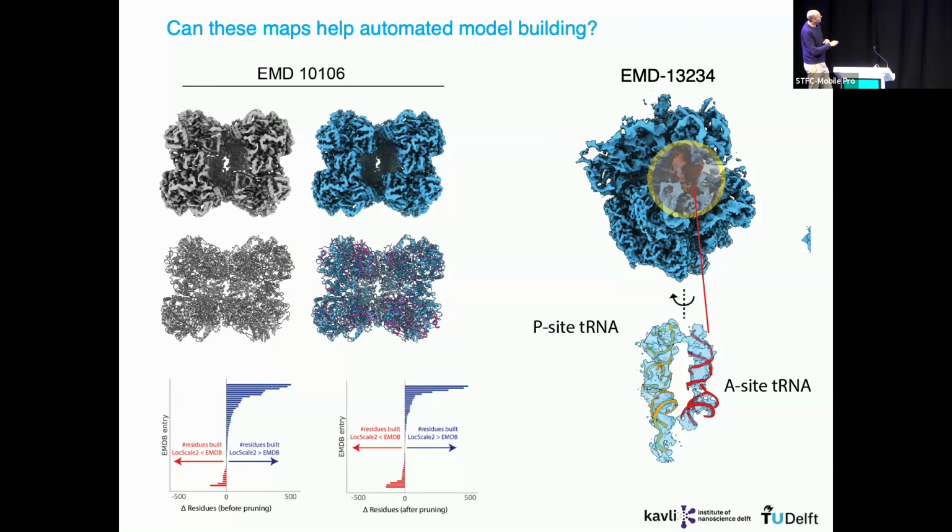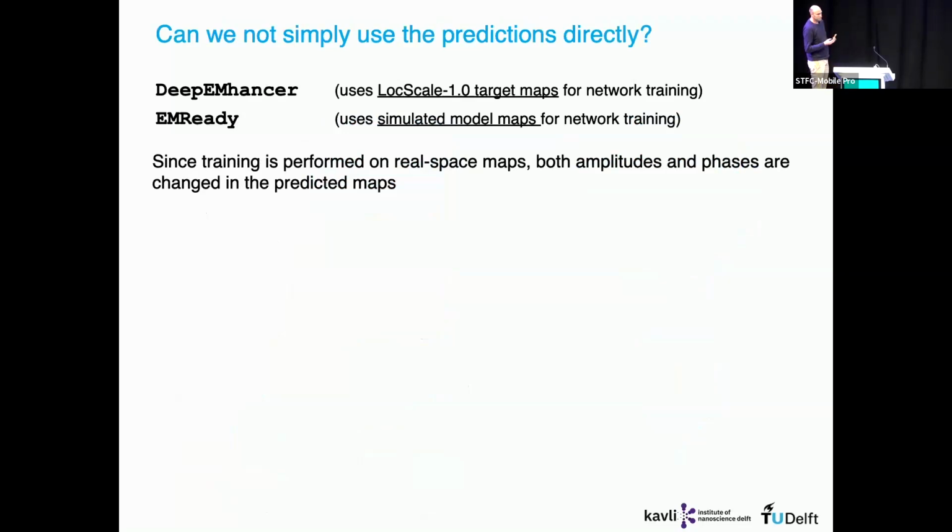We still see that for quite a number of maps, we can improve the coverage of the model quite significantly. So that suggests that maybe if we would be using such maps to train automated model building procedures, we could improve the coverage even more.